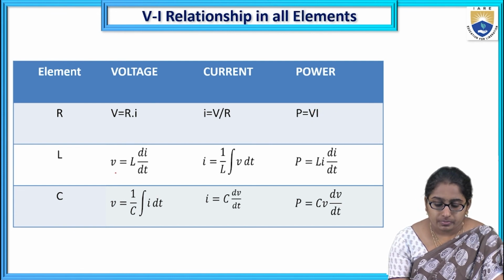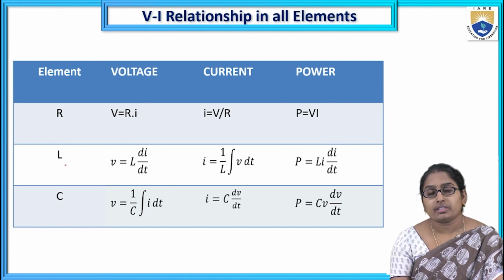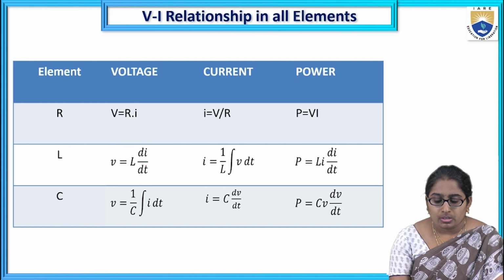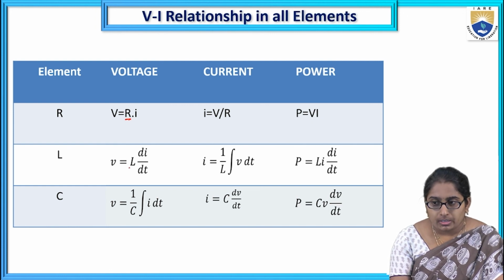Next, what is L? Inductor. In the case of an inductor, what is the relation? V equal to L dI by dt. So remember the above one, Ohm's law, then it is easier to remember the other two. In the case of L, in place of R, replace with L, and in place of I, dI by dt.